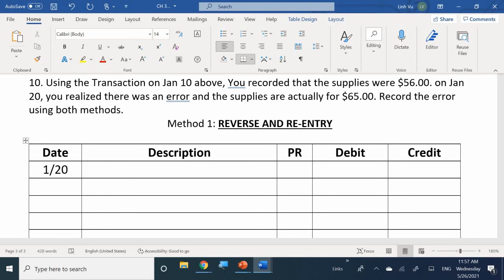Yes, we're on reverse and re-entry. So the first transaction we need to do is we need to reverse it.